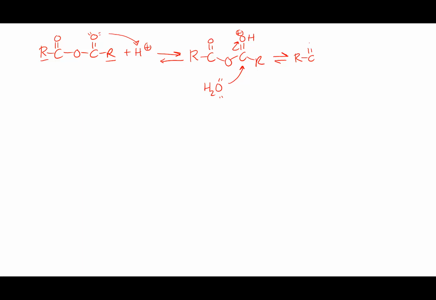Then you would end up with the carbon with the OH on it, and then the oxonium ion adding. So this is under acidic conditions, so we'll always have acid present. Then we're going to lose the H plus. Once we lose that H plus, we're going to end up with that molecule.